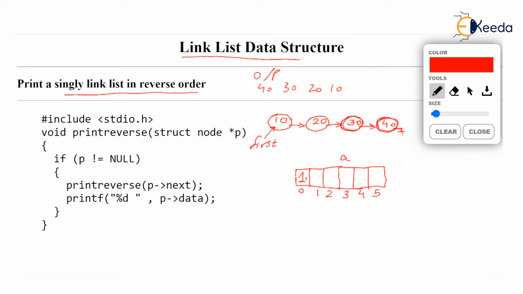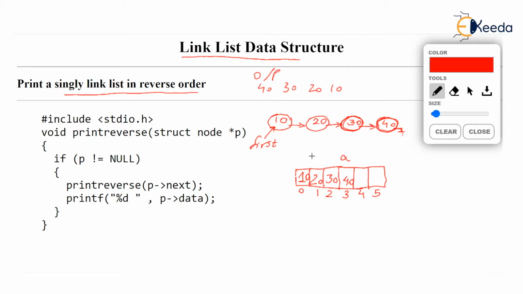Then using our usual traversal technique of linked list, using the next pointer, we will reach 20, and we will copy the value 20 in the next location of the array. We will keep doing this till we reach the null pointer of 40. Now all the values which were stored in the linked list are stored sequentially in the array.